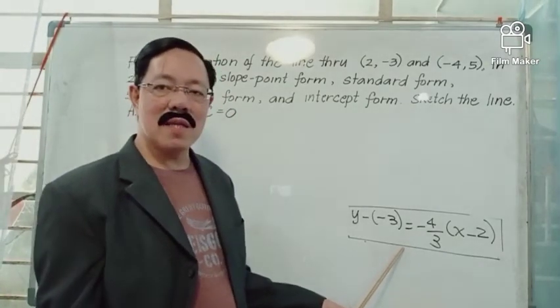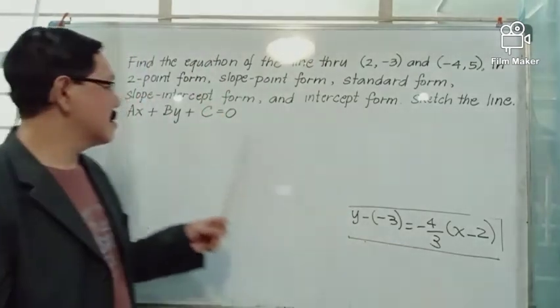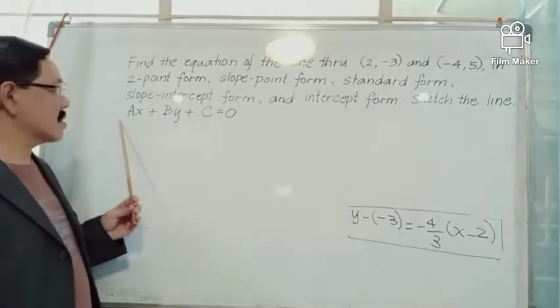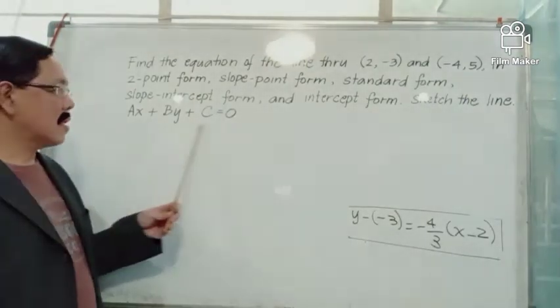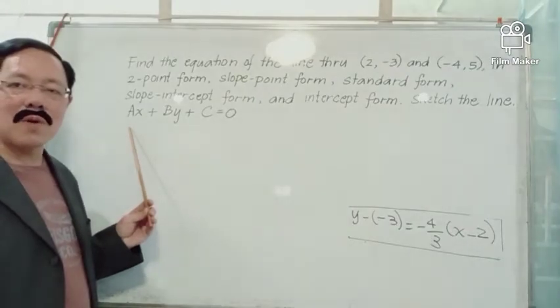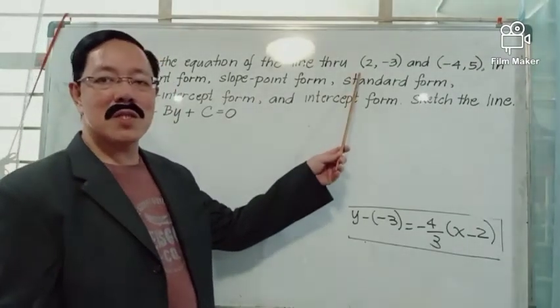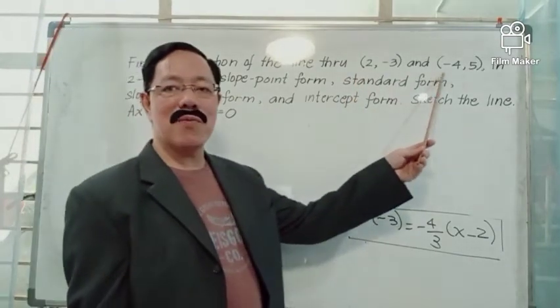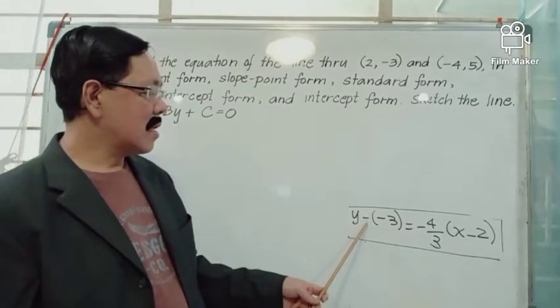We simplify this equation and write it in the form ax plus by plus c equals 0. And this is the standard form or general form of the equation of the line.